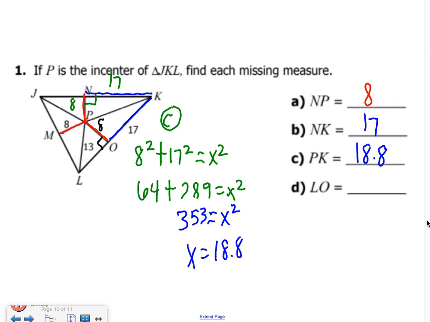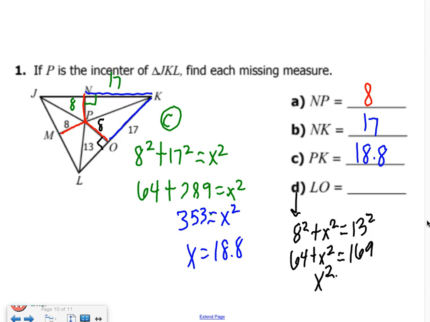It's a right angle. 13 squared is 169. 10 point what? 2, 3, 1? 10.1? Yeah. I got this. 10.2. Okay.